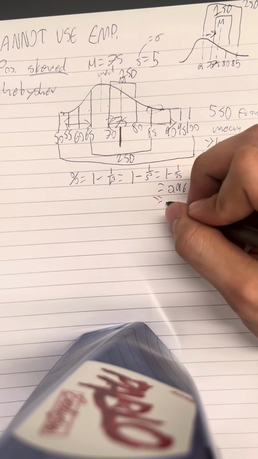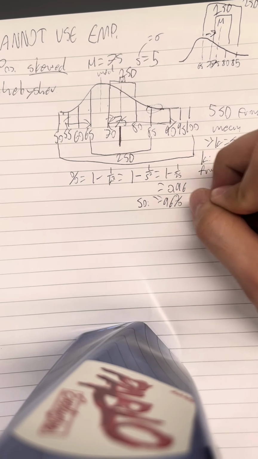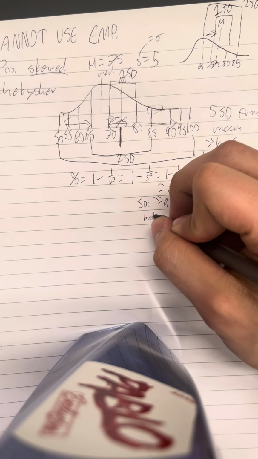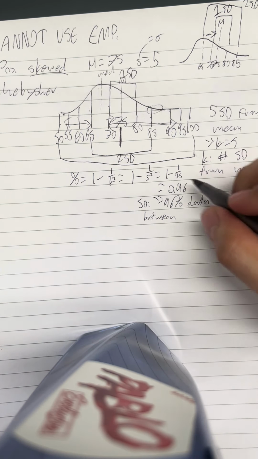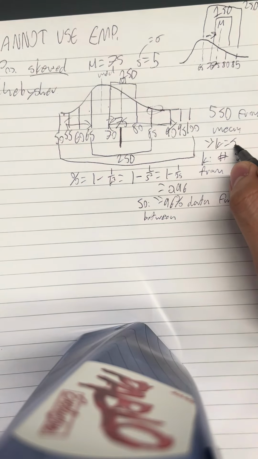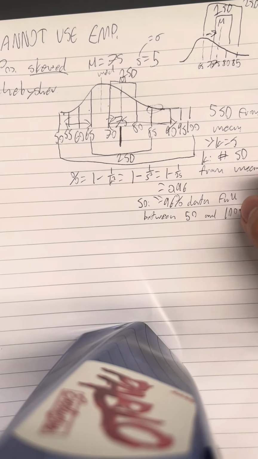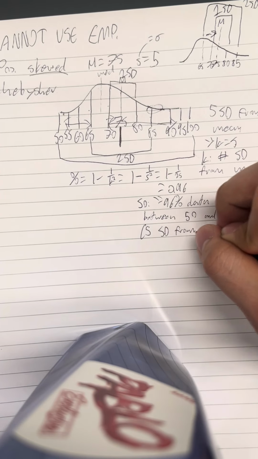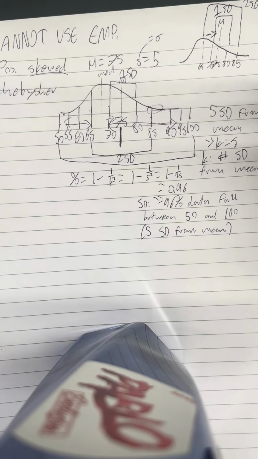So 96% of the data fall between 50 and 100, which is 5 deviations from the mean, but it asks 50 and 100. Very good.